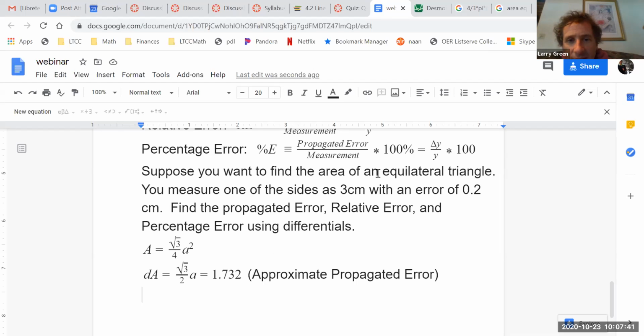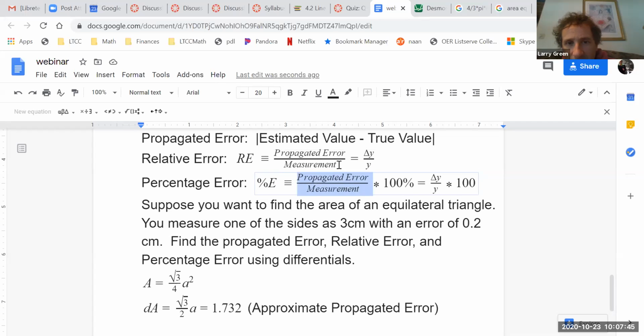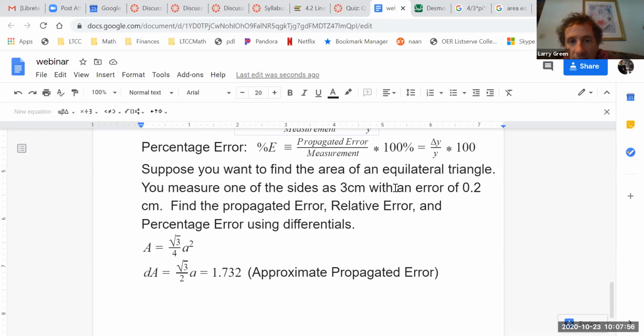Okay, so the denominator on the relative error is y. It's not a dx, it's a y. So we've got to figure out what y is. Well, to find y, we plug 3 into the area equation. Any questions on that?